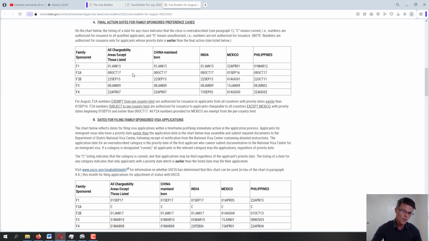And then of course we have the dates in each of these, and that's the priority date. So for example, if you are, let's say, a son of a US citizen and you are over 21 and your priority date is in let's say January 2020, which means that your father or your mother, who is a US citizen, submitted the I-130 petition back in January 2020.